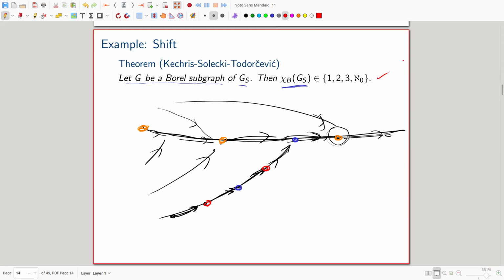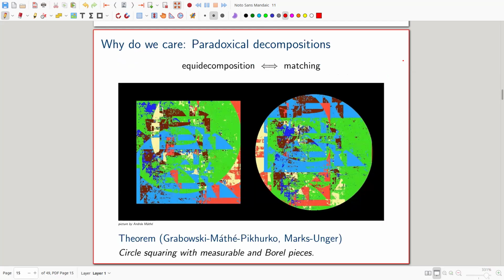All right, so these are the 2 examples. You can say there are these nice Borel graphs and there are these theorems, but why do you care? Why do you care at all about these Borel graphs to begin with? One reason we care is equidecompositions. When you want to do equidecompositions like circle squaring, you have to find a perfect matching in some very nice Borel graph.